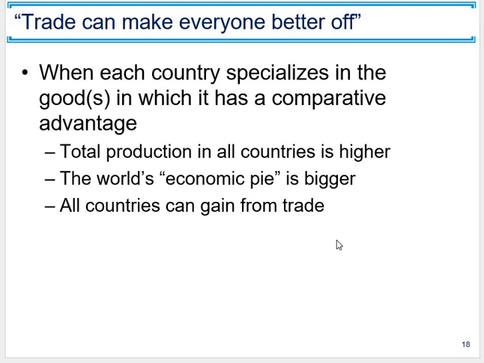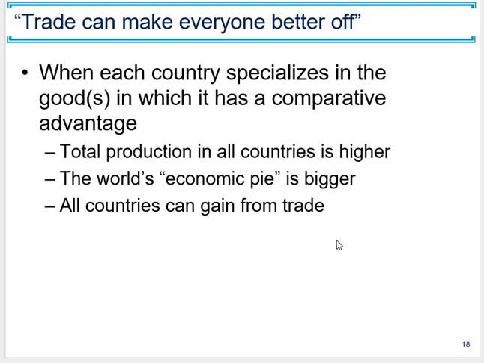So the final takeaway of this chapter is that while each country or individual specializes in a certain industry or good according to its comparative advantage, the total production is higher because specialization allows for higher efficiency.